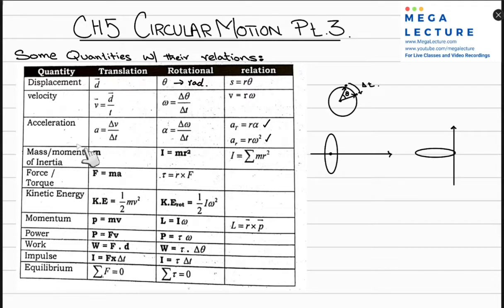If you know the expressions for translational quantities, then it's very easy to remember the rotational expressions, if you know the analogs. For example, the analog of mass is just the moment of inertia, the analog of force is just torque, and so on, right? So all you have to do is remember the expressions for the translational quantities, and know what the analogs of those quantities are in the rotational frame.